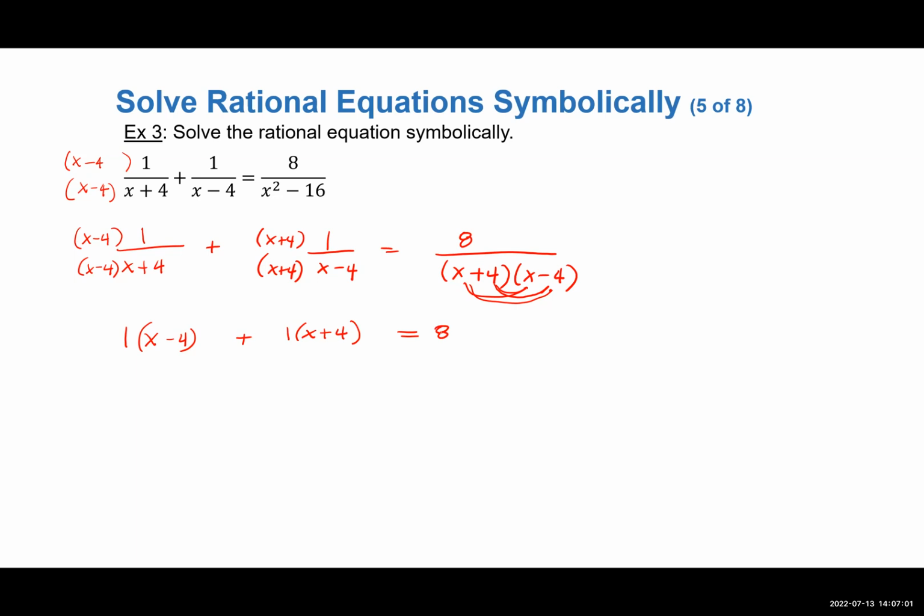And that's all we have to focus on because our denominator is the same across the board. So then we get X minus 4 plus X plus 4. And that's going to give us 2X. And then that's it. Because minus 4 plus 4, that makes 0, equals 8. So divide by 2, X equals 4.